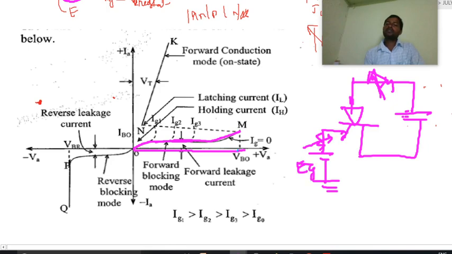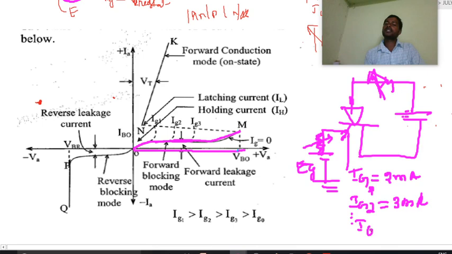So IG will flow. For example, at this resistance position the voltage will be very less, and IG is very less, say 2 milliamps. If you increase the voltage, IG increases: Ig1, Ig2, Ig2 is 3 milliamps, like that.